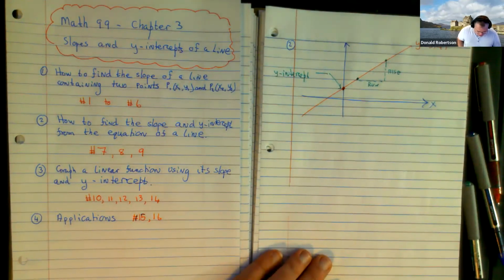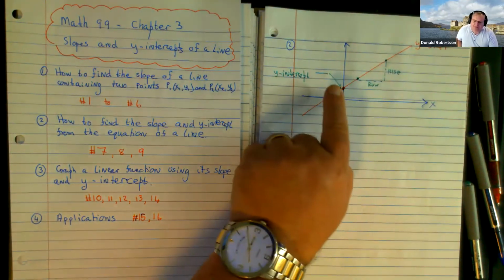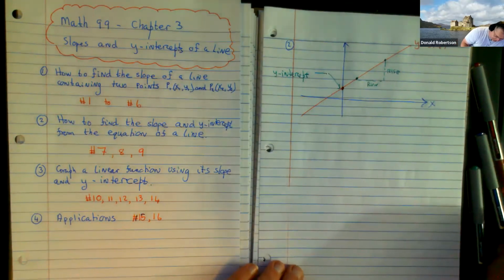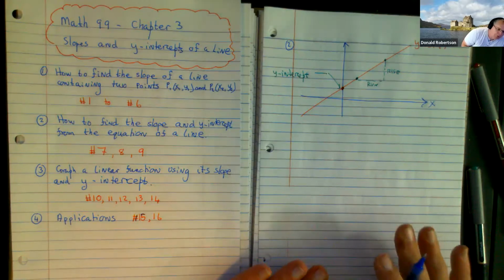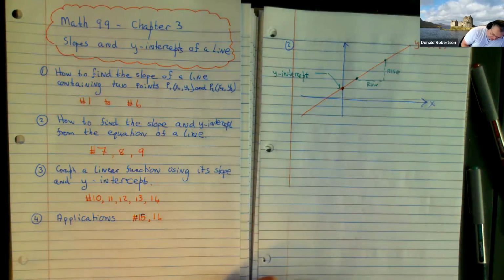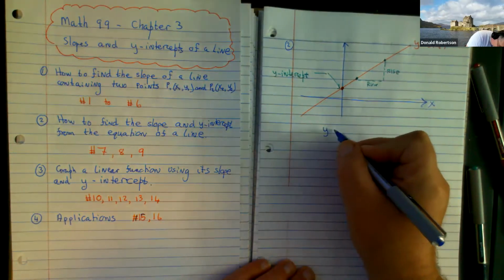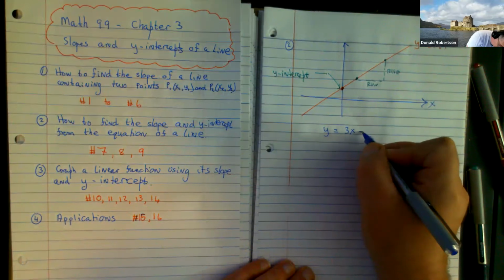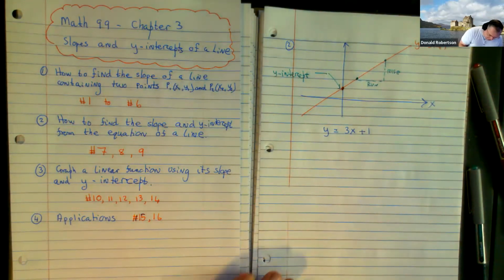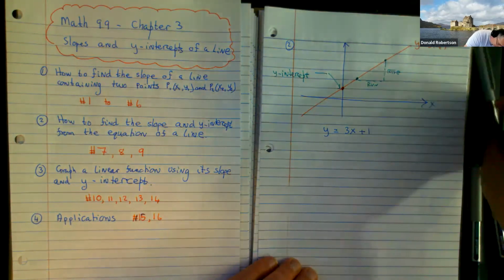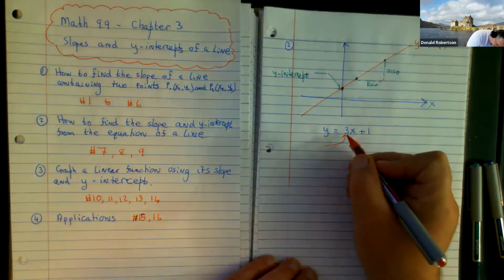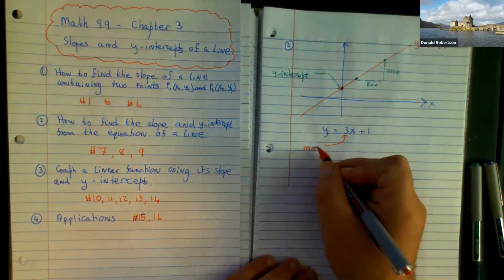And we could, from the equation of a line, find both these things, the y-intercept and the slope. It really depends on how the equation of the line is written, because in one situation, it's actually very easy. The first situation is when your equation is written in the y equals form, like 3x plus 1 here. When that happens, this number here is called the coefficient of x, this 3, that's the slope.